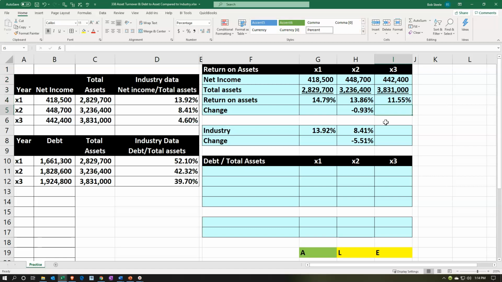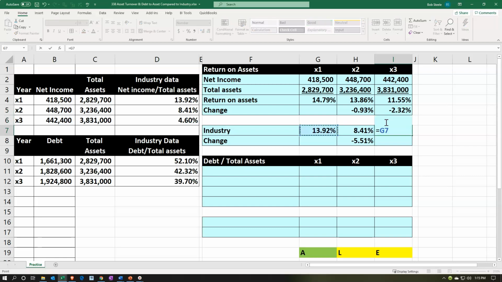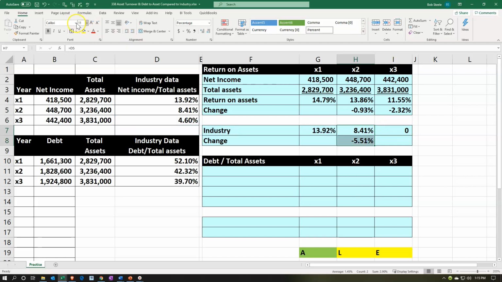What's going to be our change? Let's take a look at our change. So the 11.55 minus the 13.18 means there's a 2 to 2.5% change in the downward direction. Let's compare that to the industry standard though. Industry standard, I'm going to highlight these 2. Home tab, clipboard, format painter, and then subtract them out.